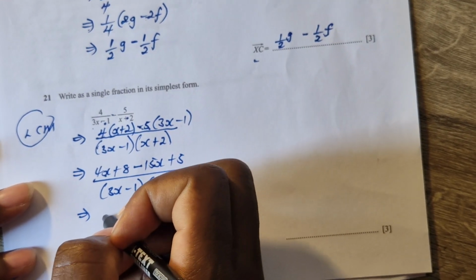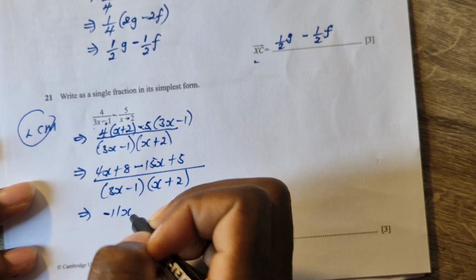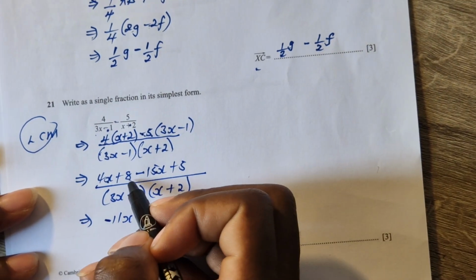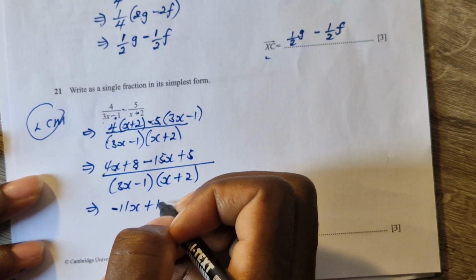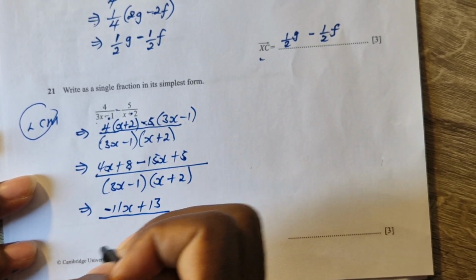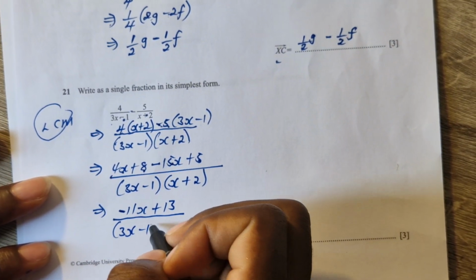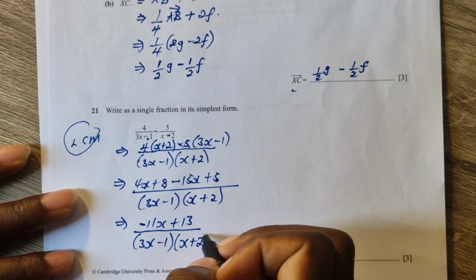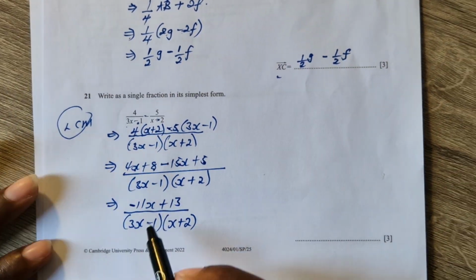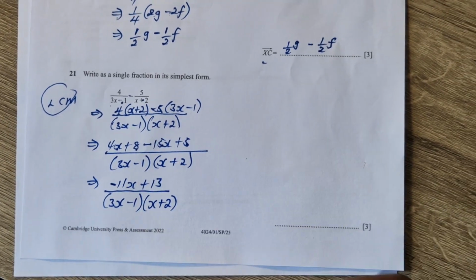We get minus 11x. Then we have got 8 plus 5, we get plus 13 over 3x minus 1 and x plus 2. So yeah, this is the final solution of this question.